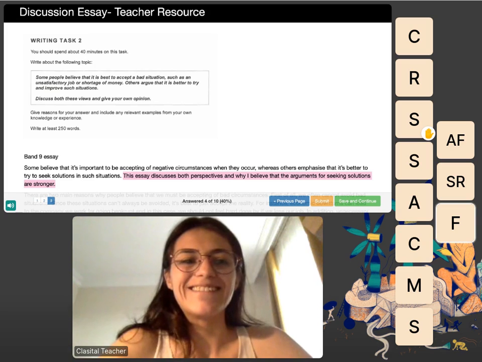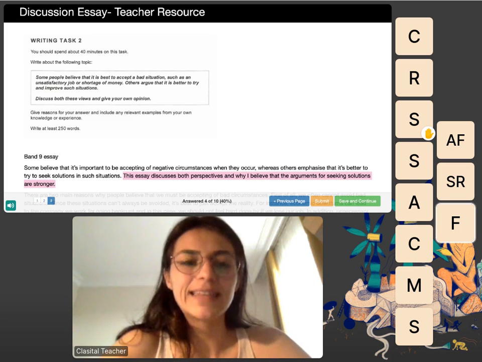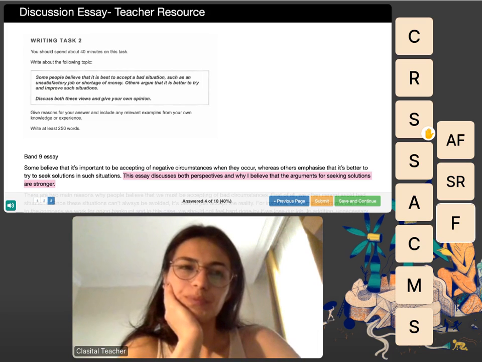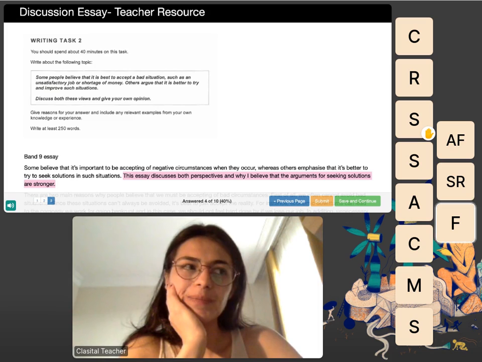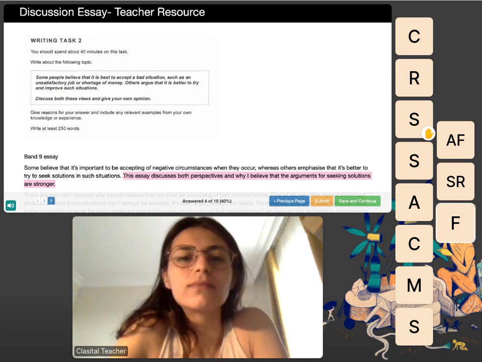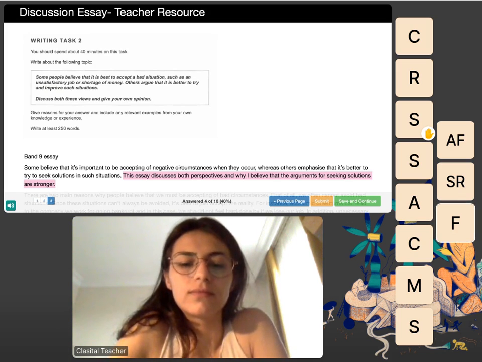But I'm also learning somewhere else, and I heard that this will not affect the question, even though it will deficit your essay, that the argument we wrote in the second line, why I believe that the argument for seeking solution is stronger, shouldn't be right over here. Is it true or wrong?